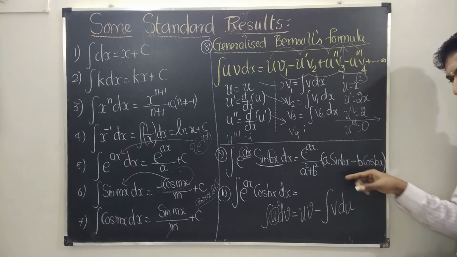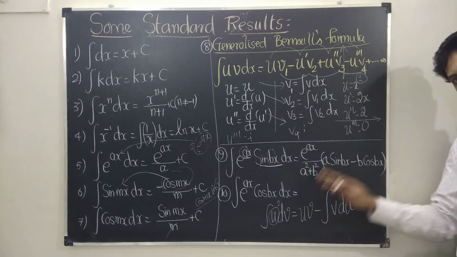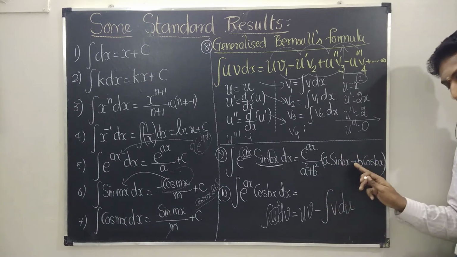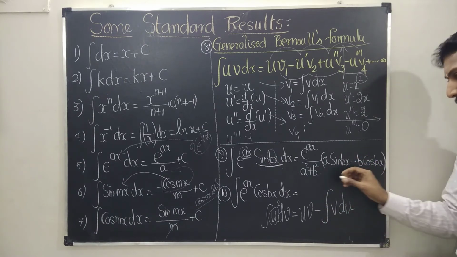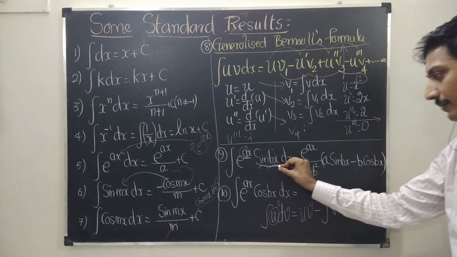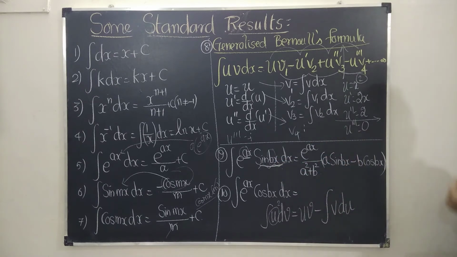Why does this come minus? Actually we are using the by parts formula here. So minus, this formula minus. What is the differentiation of sin bx? The differentiation of sin bx is b into cos bx. That's it.